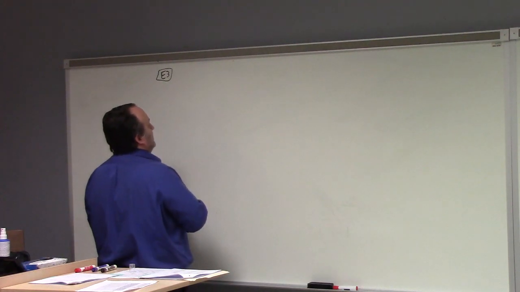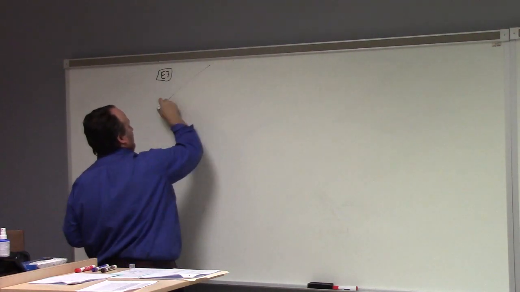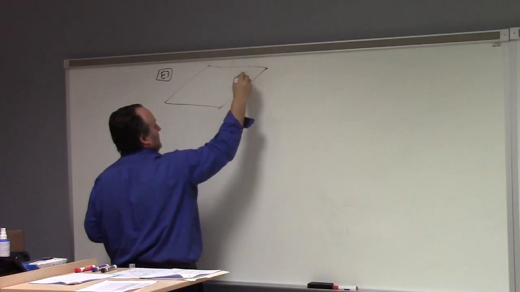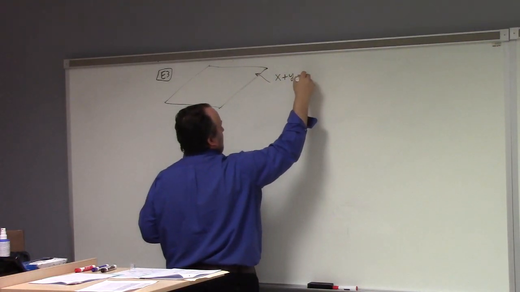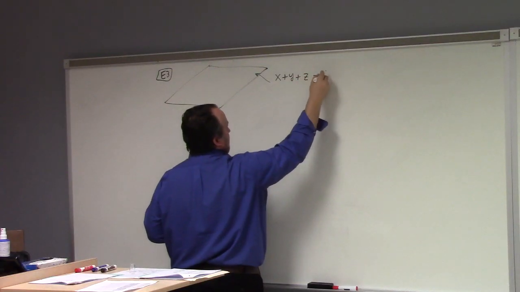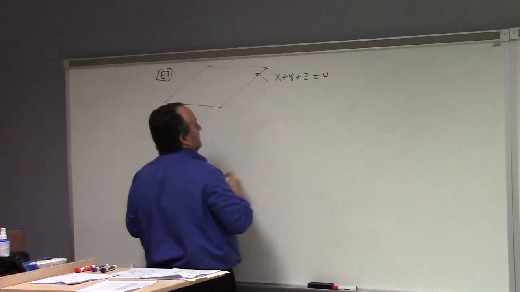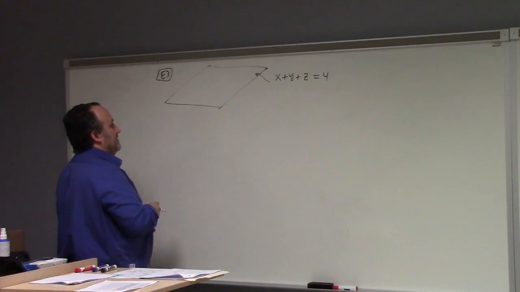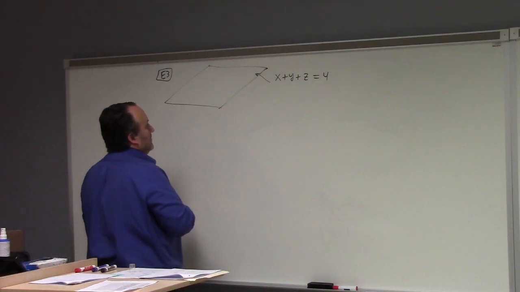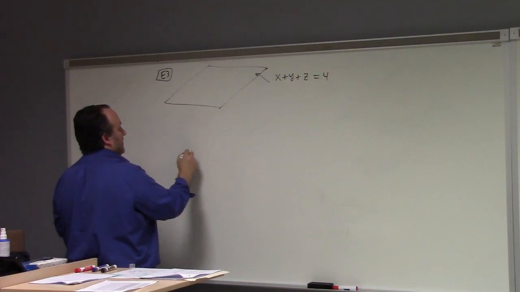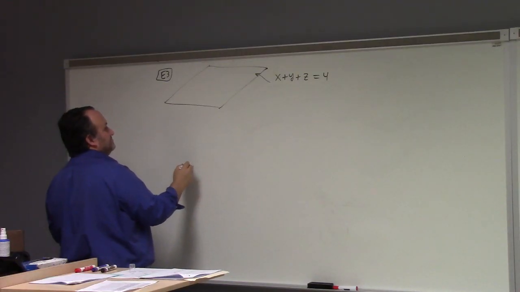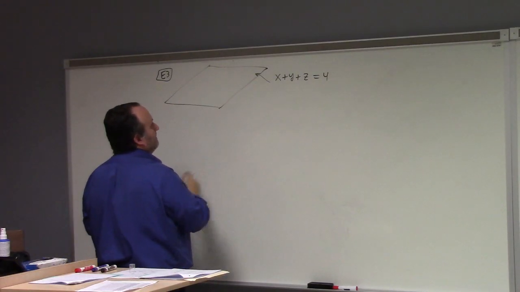I don't know, how about we have this plane, x plus y plus z equals 4, right? And maybe I've got a plane down here. Maybe I've got a, let's see here.